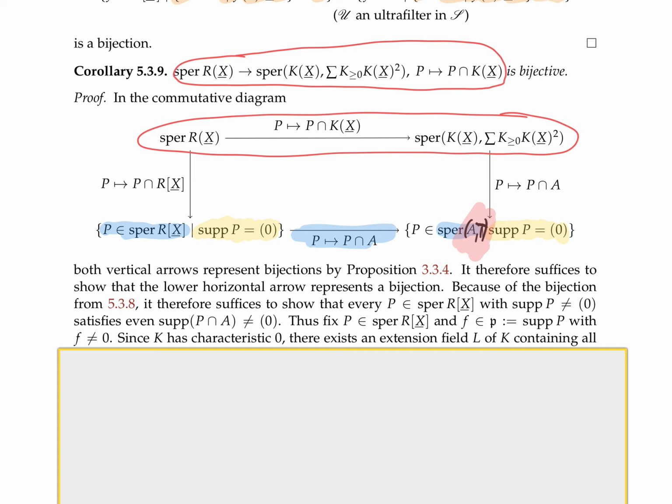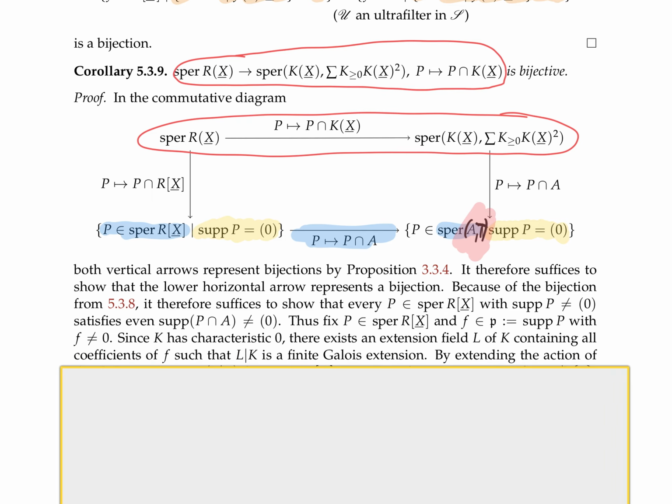Namely, I take an extension field L over K containing all coefficients of F, but being finite over K. And actually not only finite, but a finite Galois extension, right? So, in fact, that must not be a subfield of R, right? But it's a subfield of the algebraic closure of K. So I just take the splitting field of this polynomial F over K, for example, right?